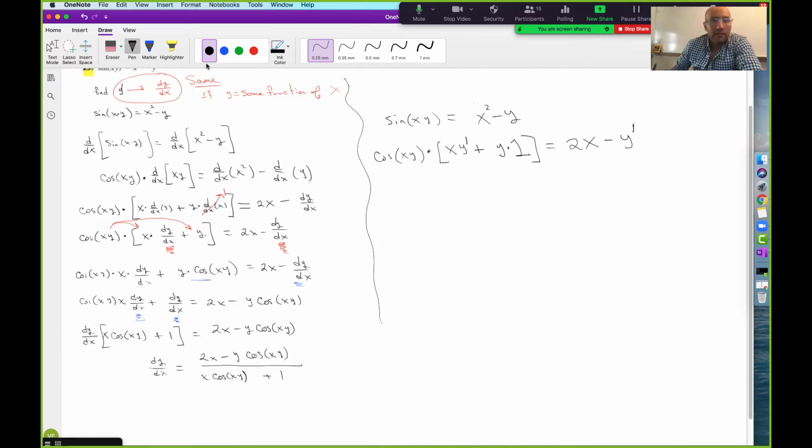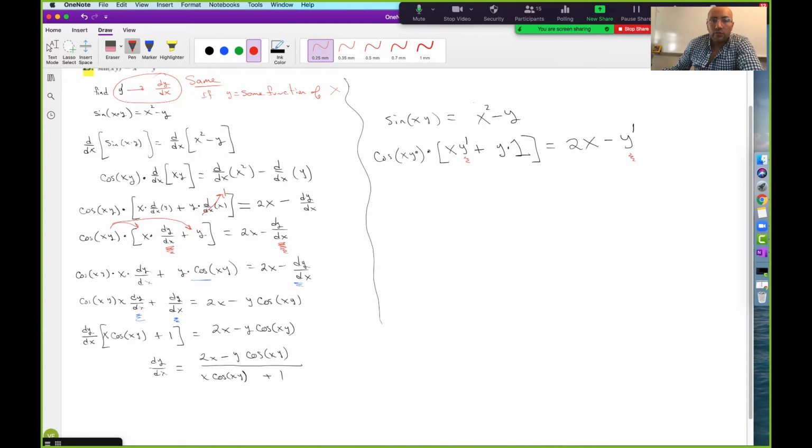Good. And then here is the y prime we're interested in, which is the same as this step over here somewhere. Cosine xy times x times dy dx plus y times d dx of x, which is a 1, equals 2x minus y.